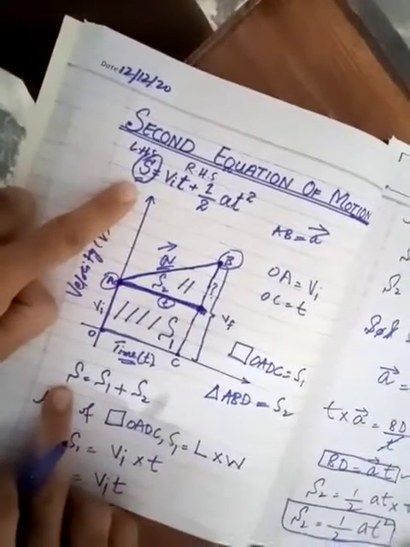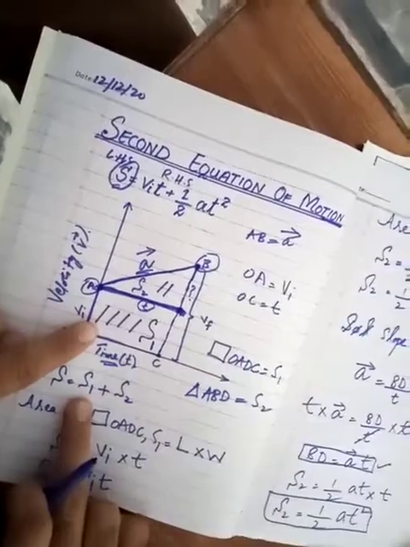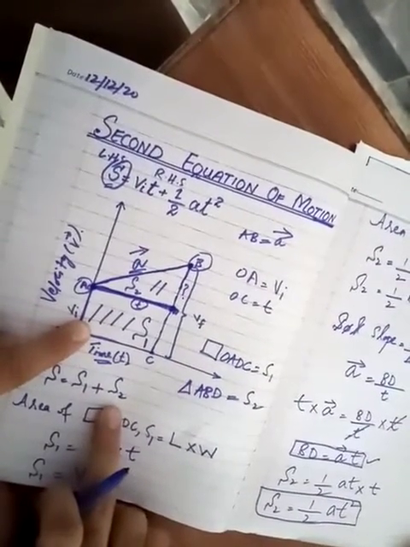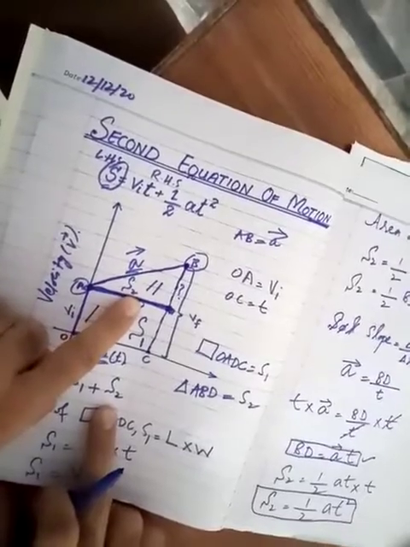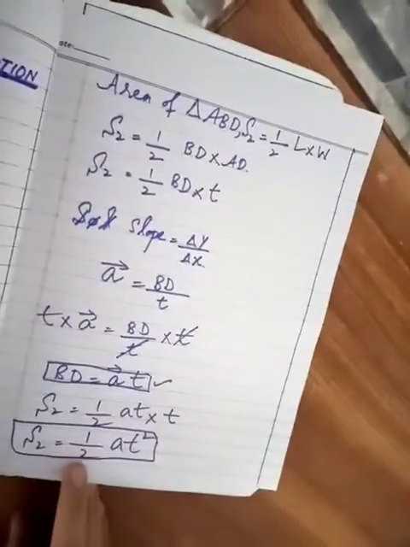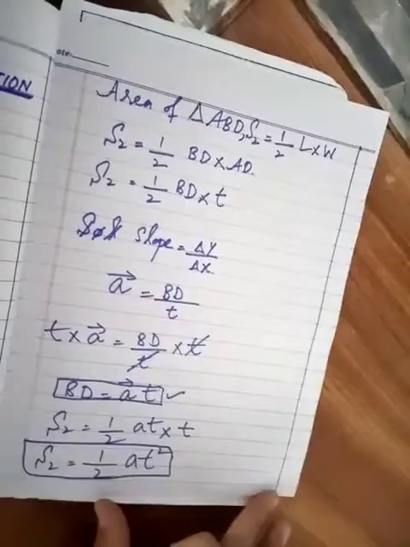As I told you before, the total distance S will be equal to distance 1, which is the area of the rectangle, and distance 2, S2, which is the area of the triangle. We have found the area of the rectangle as S1, which is VIT, and the area of the triangle, which is half AT square, S2.